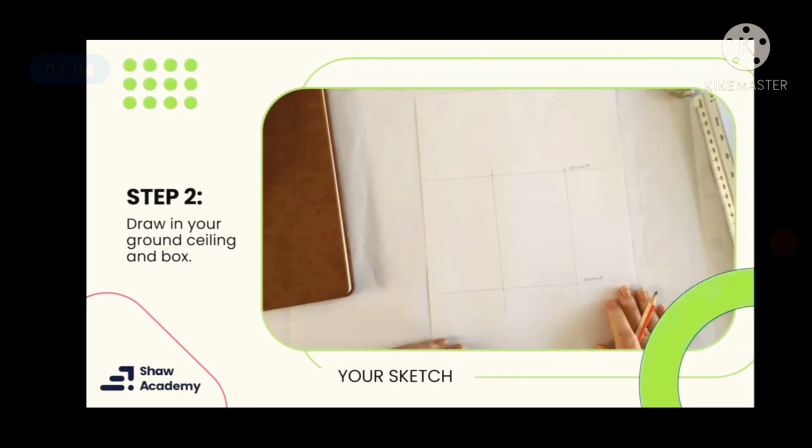You can use whatever scale you want on your scale ruler or even on your normal ruler. In this case, I'm using the ratio 1:20. As you can see, I first drew my bottom line and then I drew my ceiling line. And this is essentially creating a box within the page.